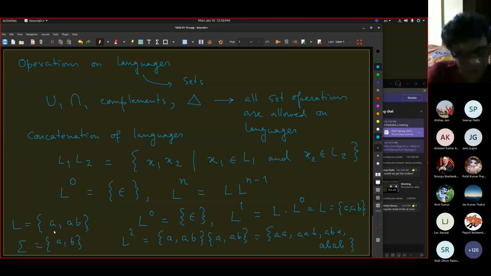The finite language consisting only of two strings, A and AB. But never forget that by definition, L power 0 always contains epsilon, irrespective of whether epsilon is there in L or not. This is by definition.